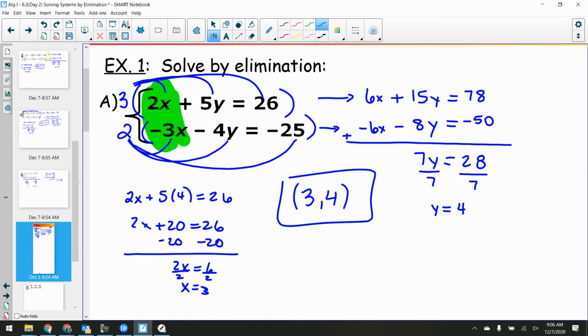Now, don't go on to the next one yet, please, please, please, listen to me. If I would have gone back to the beginning and said, well, what if I wanted to do this problem differently? What if I had said, let me clone this and move it down a little bit.